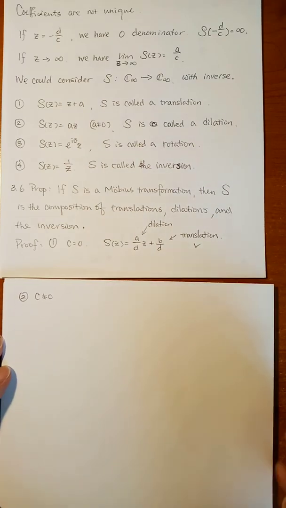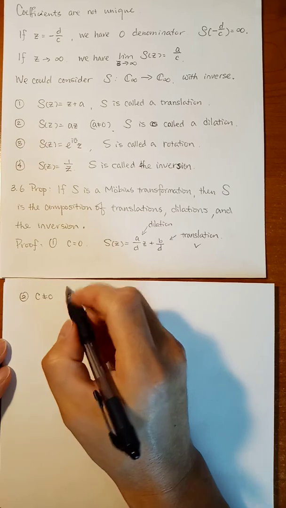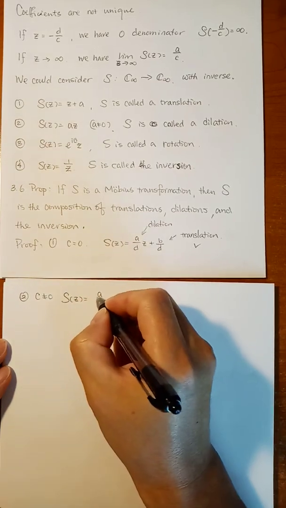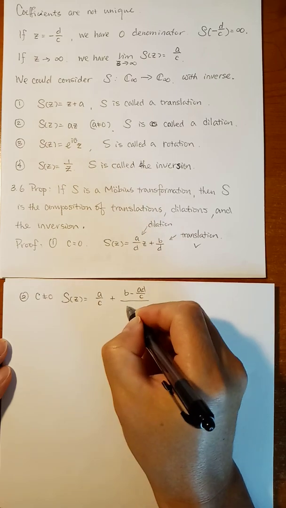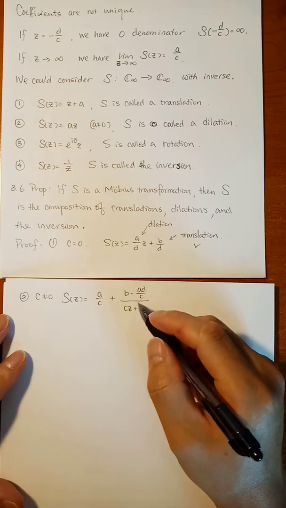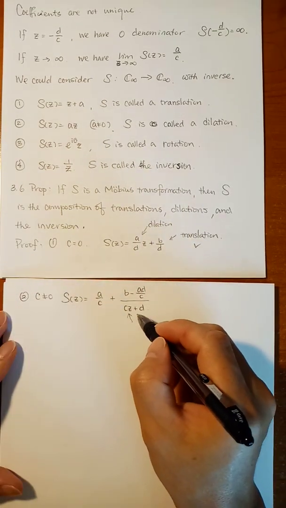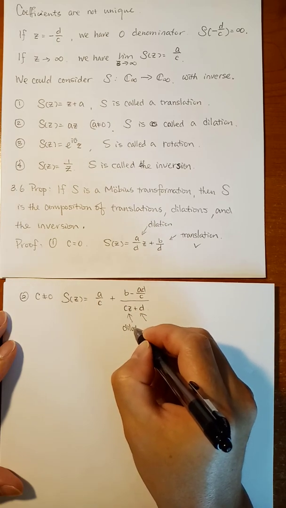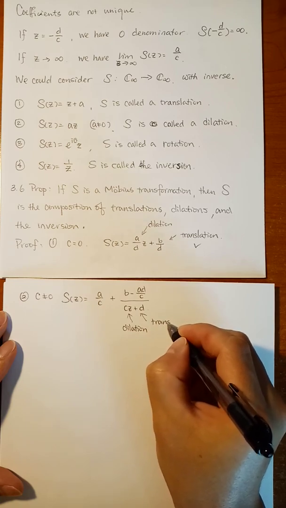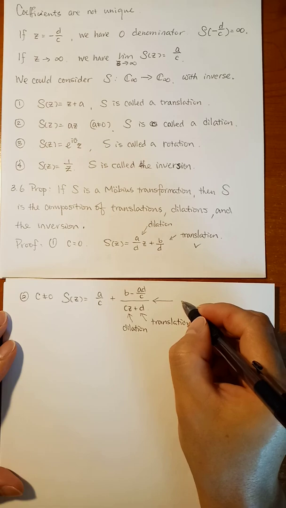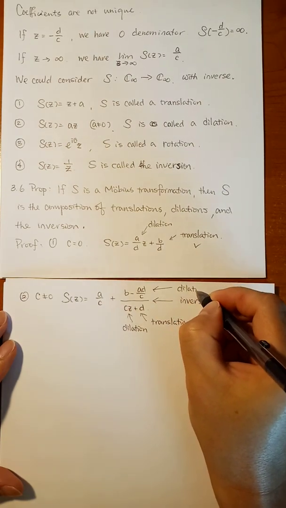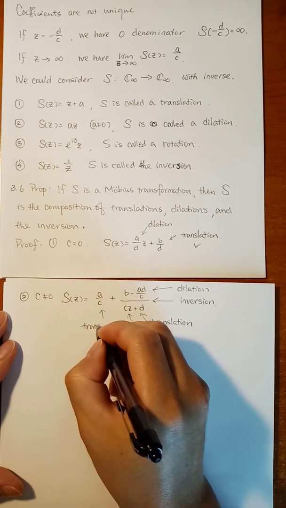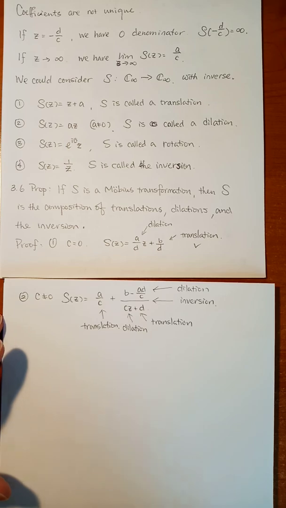After long division, we have that S of Z is equal to A over C plus B minus AD over C, over CZ plus D. Let's read: a dilation, a translation, then an inversion, and again a dilation and a translation. So there are 5 steps.